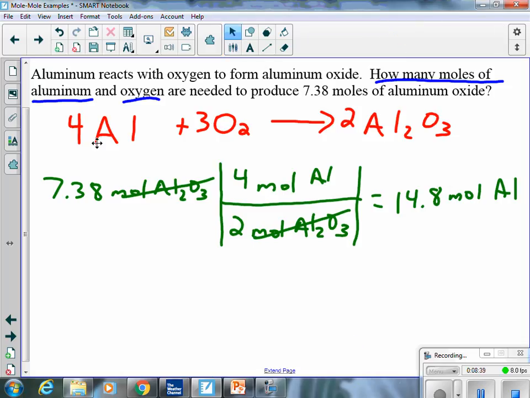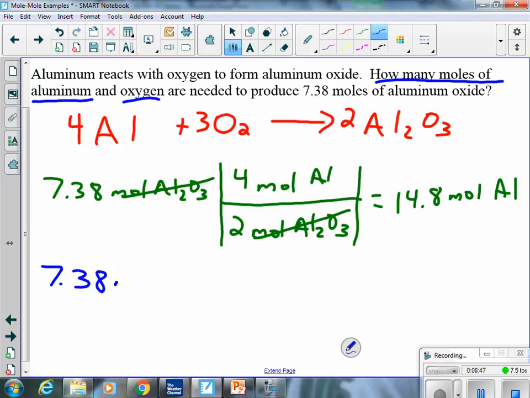Now my second part, I'm going to start with the same thing. 7.38 moles of aluminum oxide. This time, I'm going to convert it to oxygen, right?